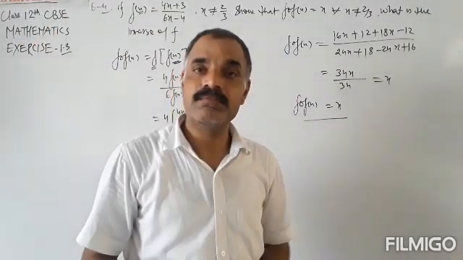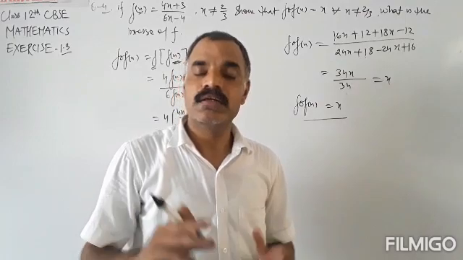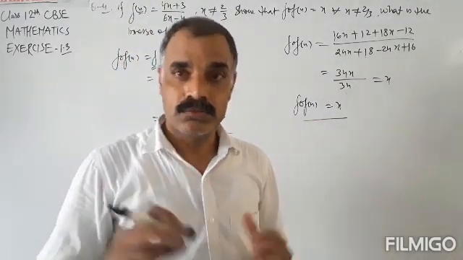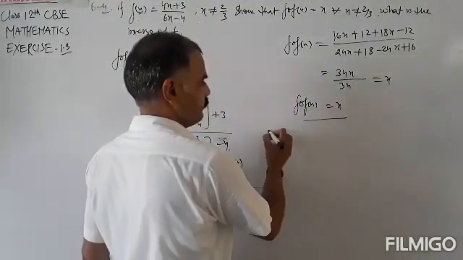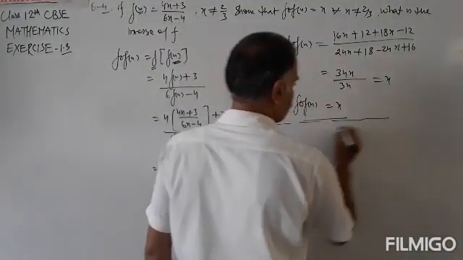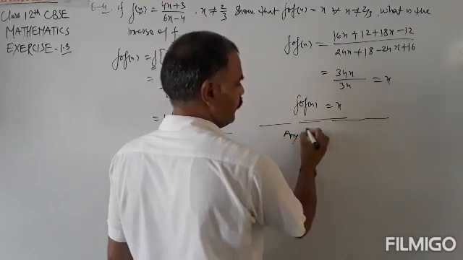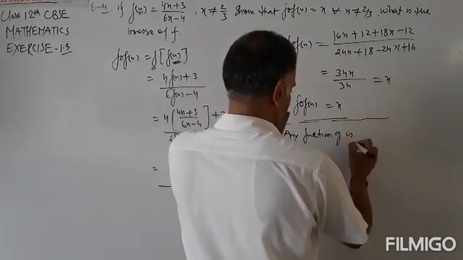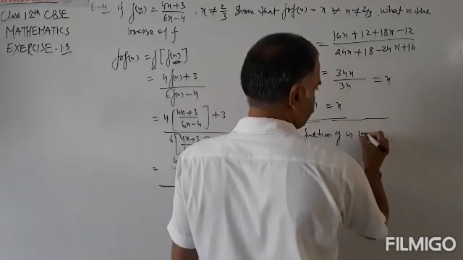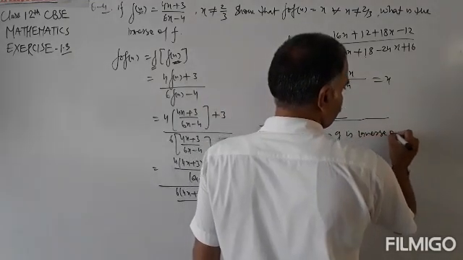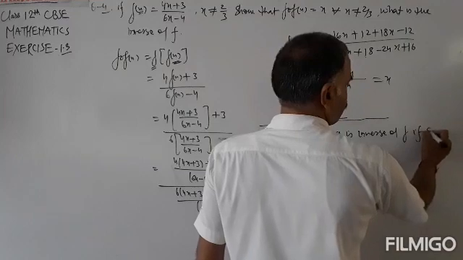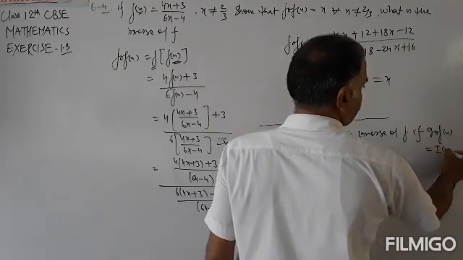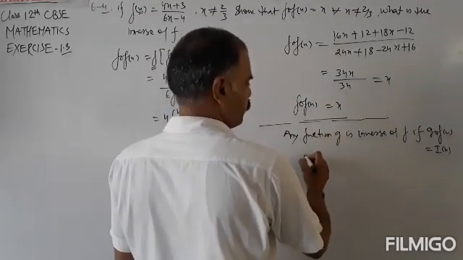Whenever we were studying invertibility, we told you that any function g is the inverse of f if f of g of x is equal to the identity.